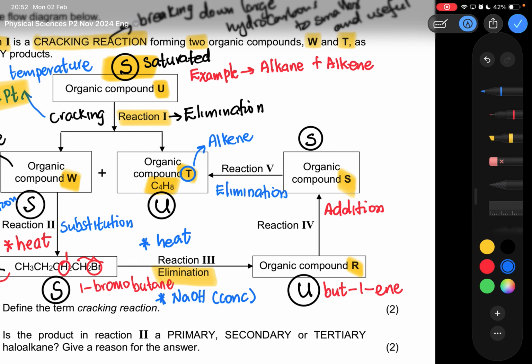I spoke about elimination, and we don't know what we are removing, but whatever we added, we must remove it there. Then some will be guided by the question, but you know that heat is one of the reaction conditions.